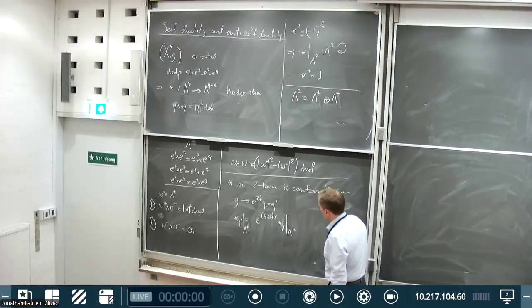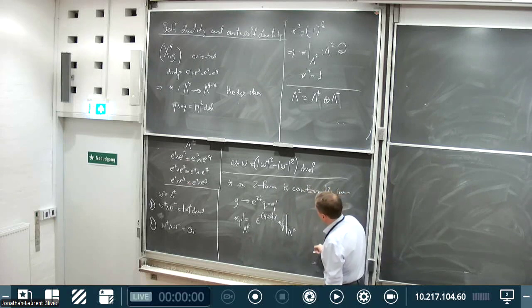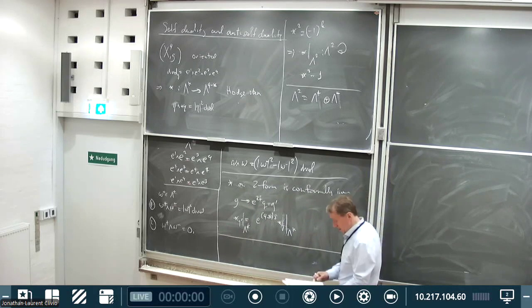So in particular, if k is 2, it's independent.